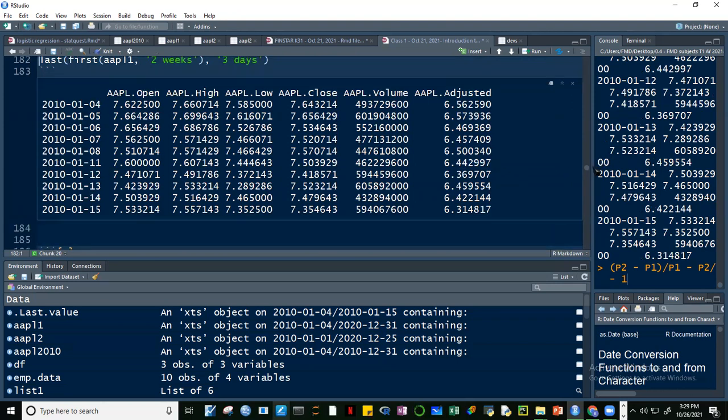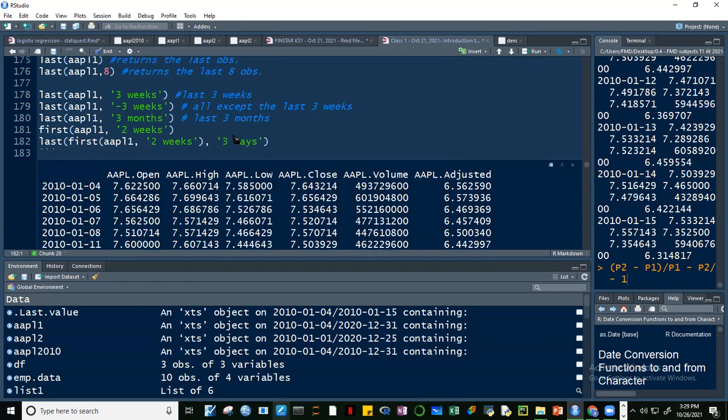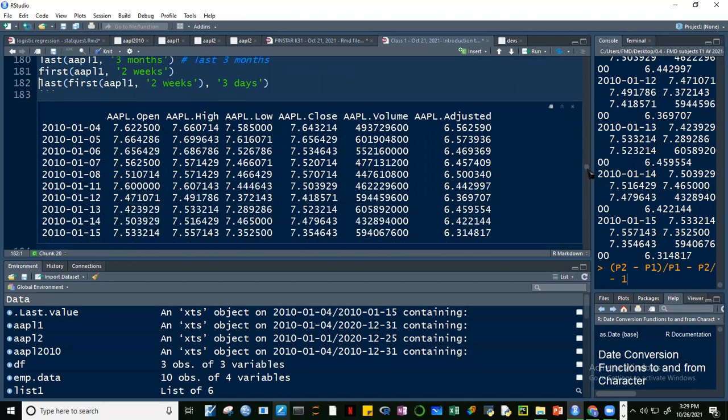So these are the first 2 weeks of trading, starting with 2010. Then this one, the last of the first 2 weeks, and then just the last 3 days. So it will give us 13, 14, 15.